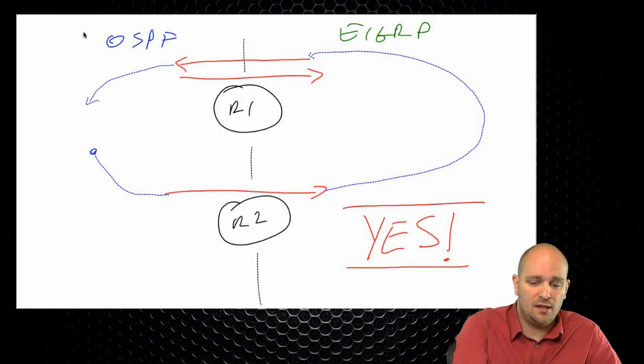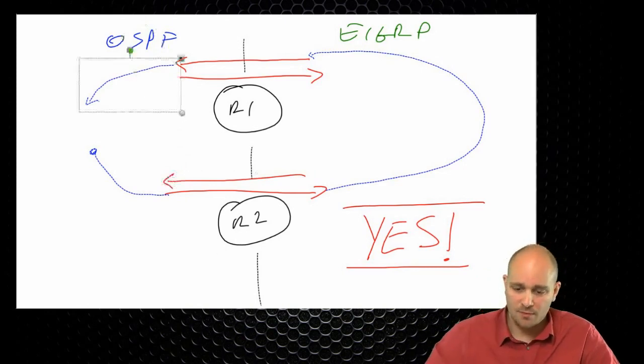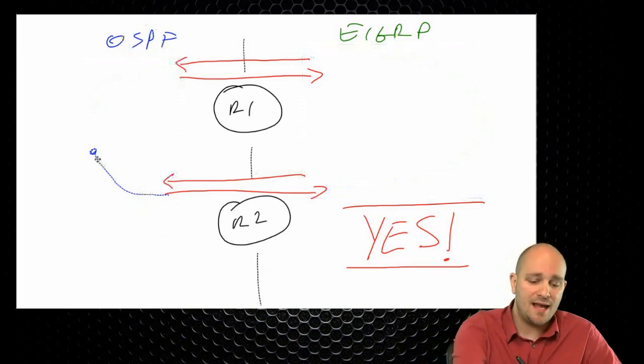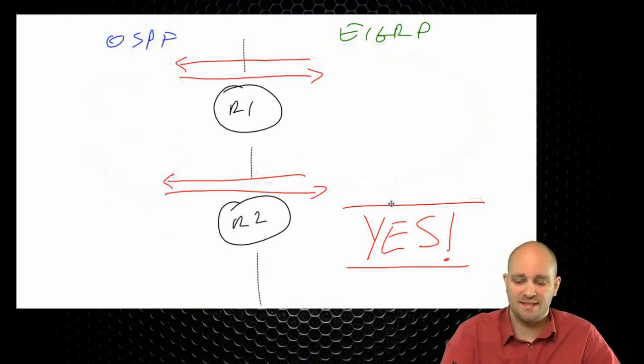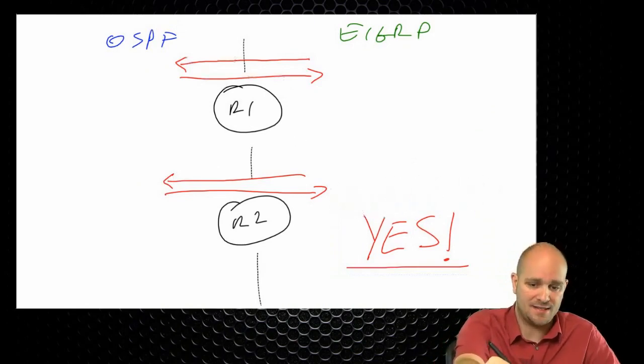Now, in this scenario, for example, when you had mutual redistribution at multiple points, the answer to the question, can the loop form, is not just yes. The answer is oh, yes.